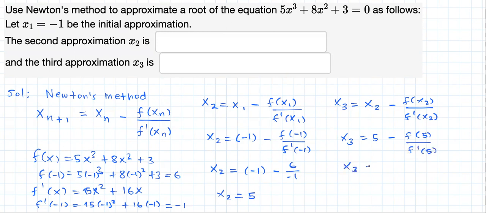So x3 should be equal to 5 minus, what is the evaluation of our function at 5? Well, let's go back here and just substitute 5 for the -1 that we used, okay? So 5 here, 5 here, 5 here.